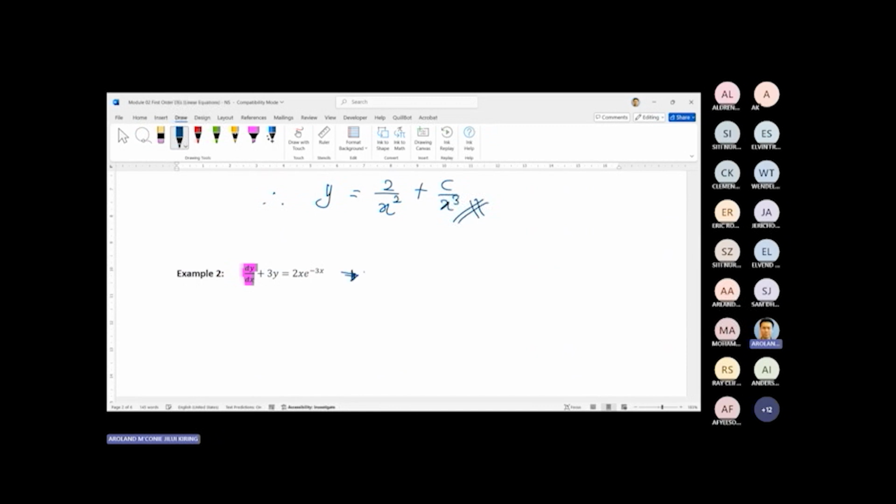You need to remember the linear form, which is dy over dx plus p(x) multiplied by y equals q(x). In front of your dy over dx must be the constant 1. So this one already matches the standard linear form. Once it matches the standard linear form, then you can use the linear equation method.